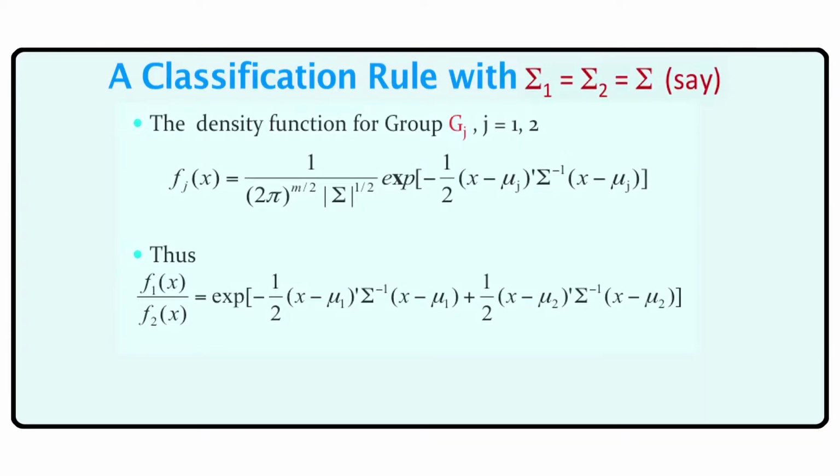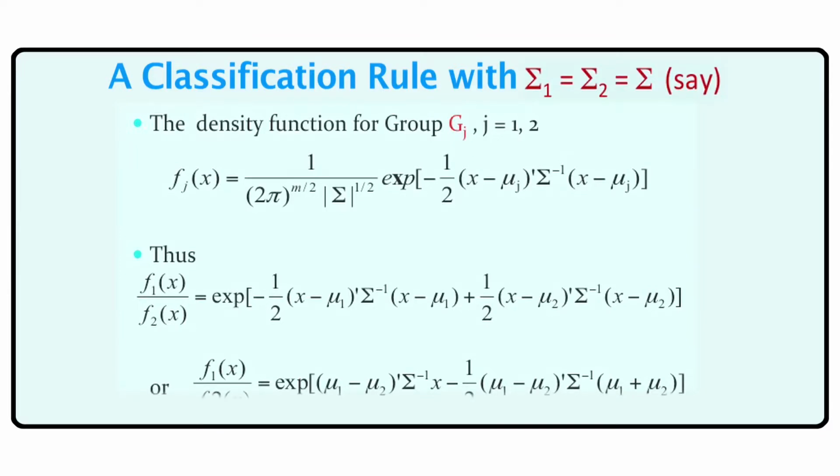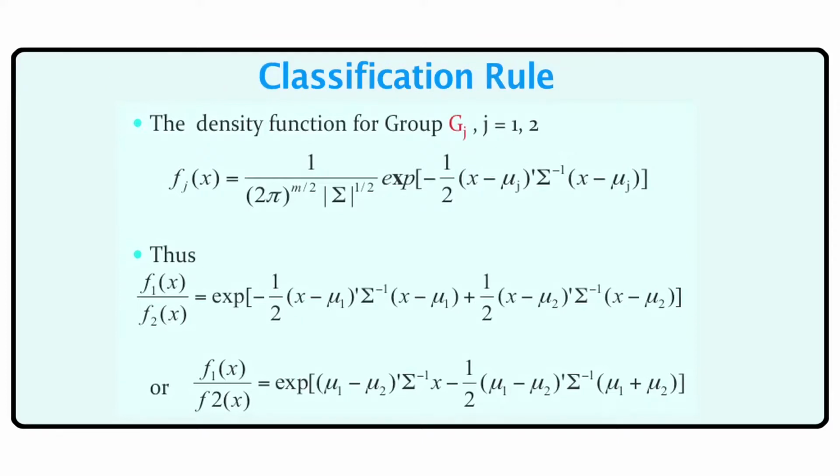This ratio f1(x)/f2(x) is exponential to the power of minus half (x minus mu1)' sigma inverse (x minus mu1) plus half (x minus mu2)' sigma inverse (x minus mu2). On simplification, this ratio comes out in a much shorter form, which is exponential of (mu1 minus mu2)' sigma inverse x minus half (mu1 minus mu2)' sigma inverse (mu1 plus mu2).